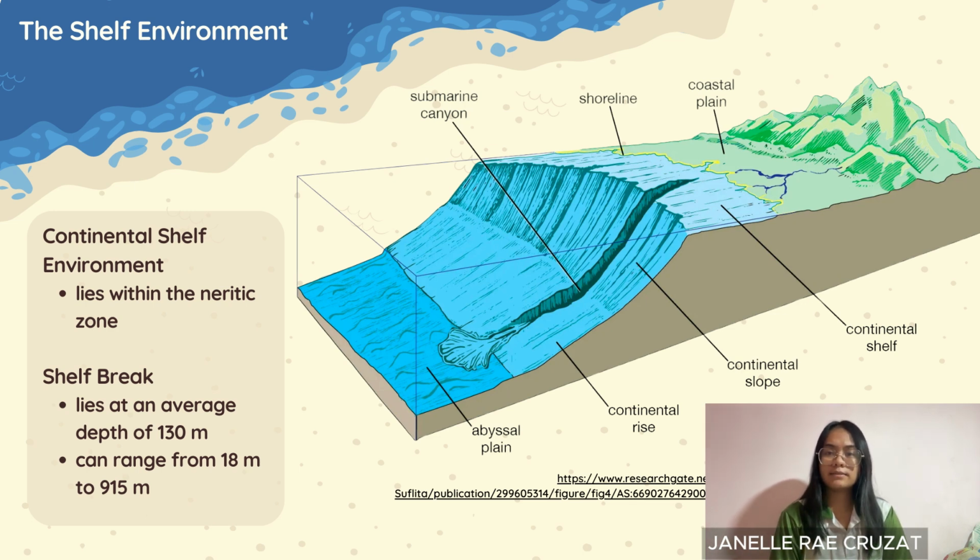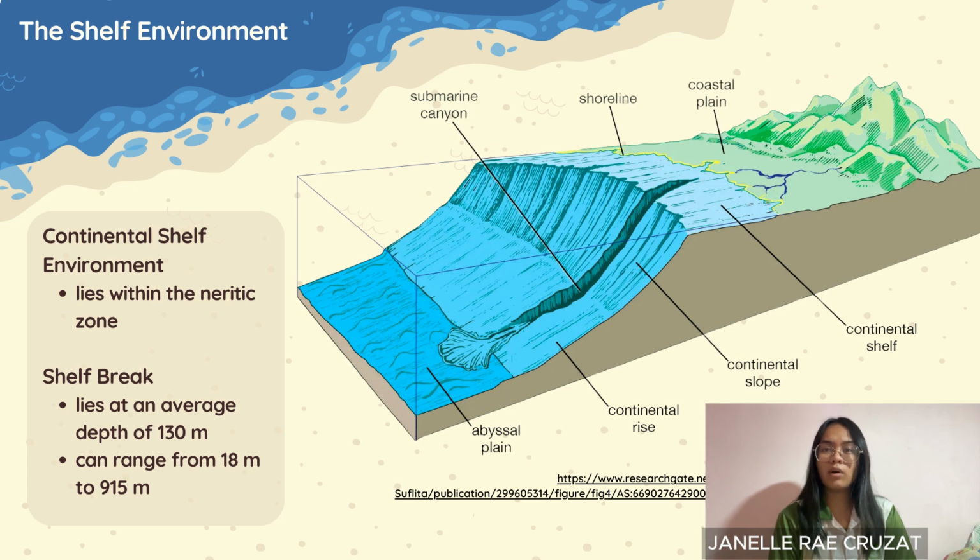Now, let's break down some of the key concepts. So, the neritic zone, as mentioned earlier, is the shallow part of the ocean. It is the point where the seafloor begins to slope steeply towards the deeper ocean basin. This zone is characterized by its shallow waters, high light penetration, and abundant nutrients that come from rivers, coastal runoff, and upwelling currents.